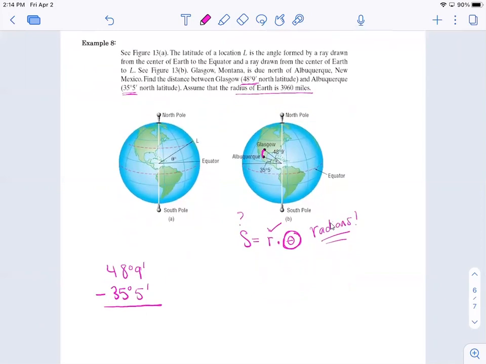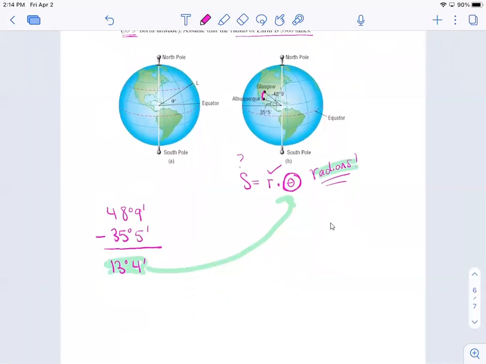I end up getting 13 degrees and 4 minutes. Some of us might say, oh, I got my theta, life is good, but nope, it has to be in radians. So I have to change this into radians.